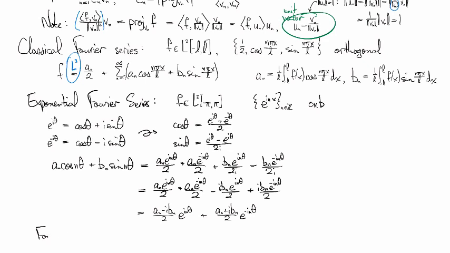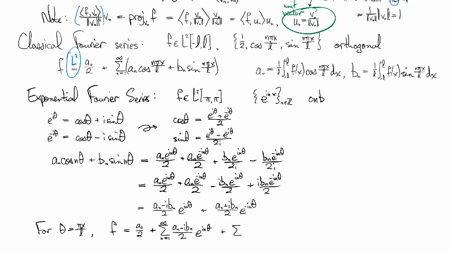And so if I look at theta equal to pi x over L, then my Fourier series is going to look like a_0 over 2 plus, and then I have the sum n equals 1 to infinity of a_n minus i b_n over 2 e to the i n theta, and the sum 1 to infinity coming from the negative i n theta part, right?